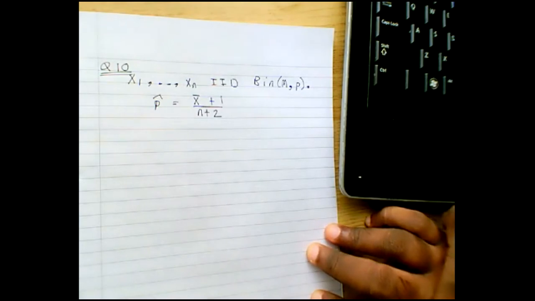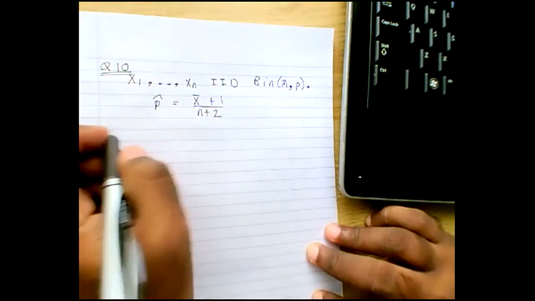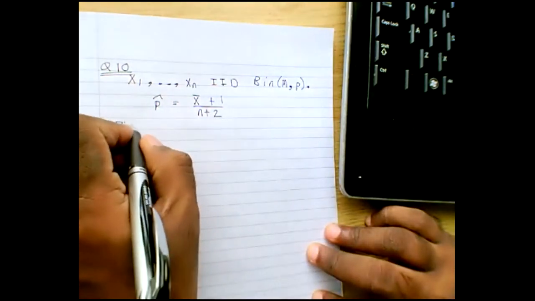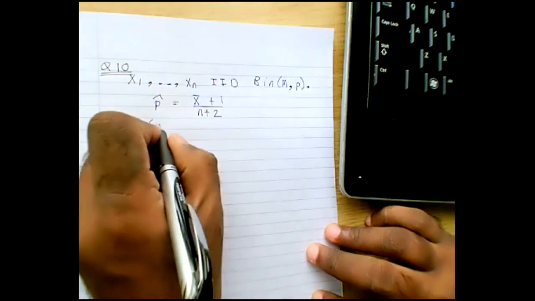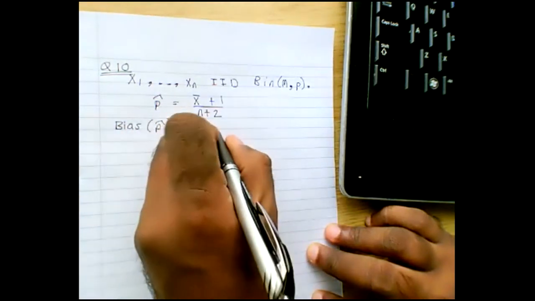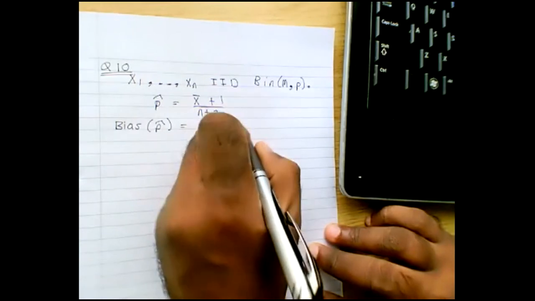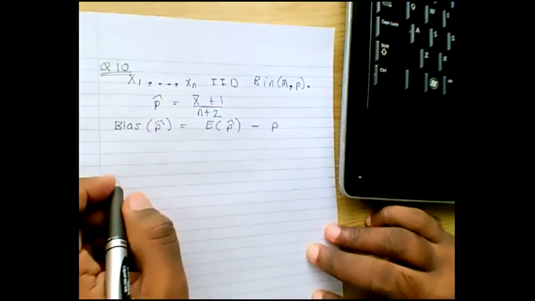Now remember the definition of bias. The bias of an estimator is defined as the expectation of that estimator minus the parameter that you're trying to estimate.